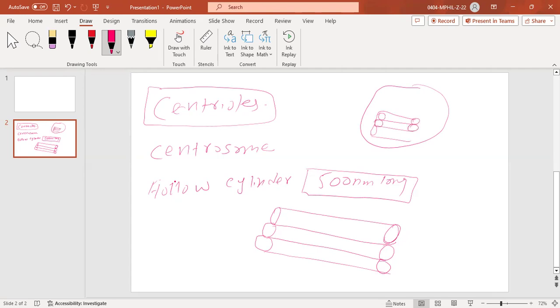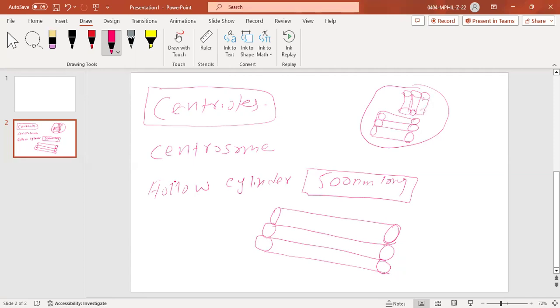This is the one structure, and there would be another structure which would be at a 90-degree angle, present here, and it is also having a triplet structure of triplet cylinders or microtubules like this.